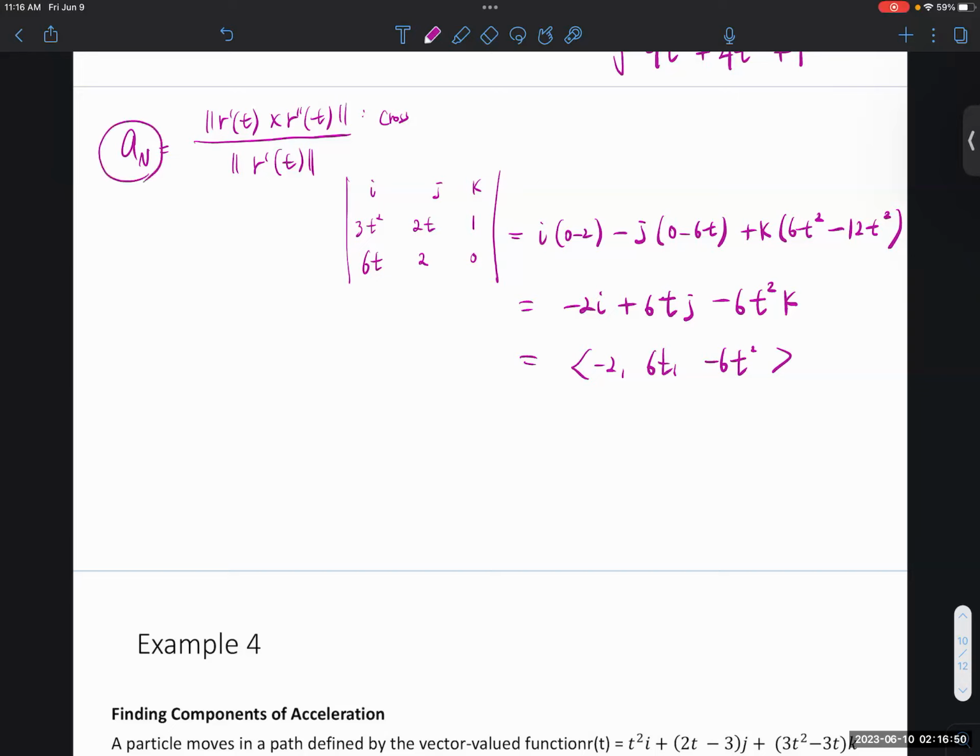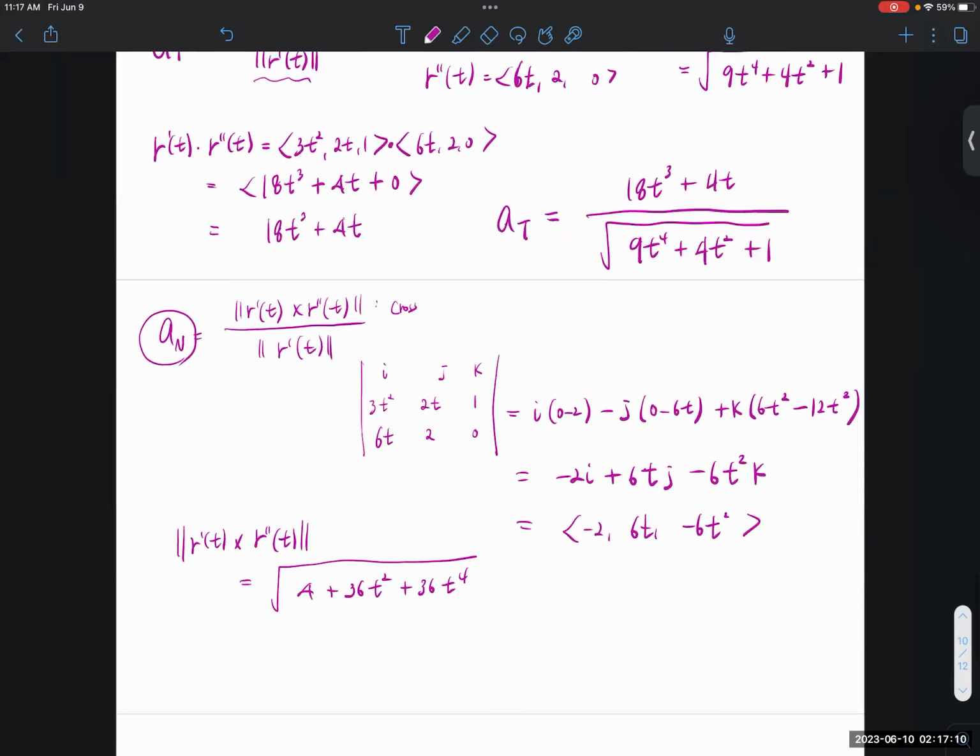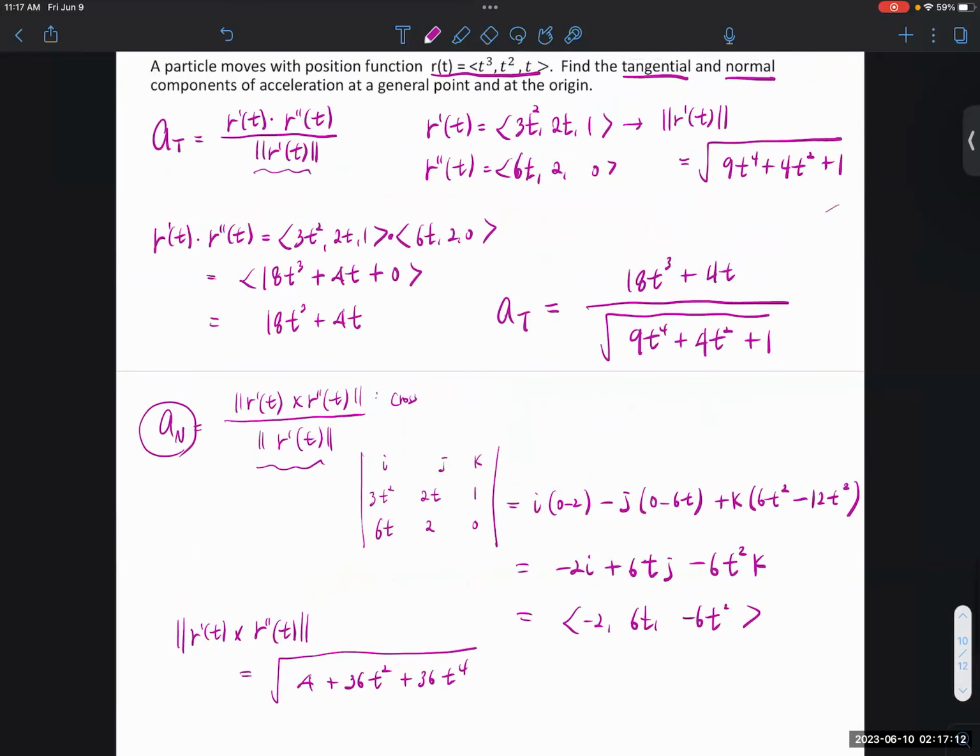Now we are going to find the acceleration on the normal vector. The magnitude of R prime cross R double prime would be the square root of 4 plus 36t squared plus 36t to the 4. And the denominator, we already found here.